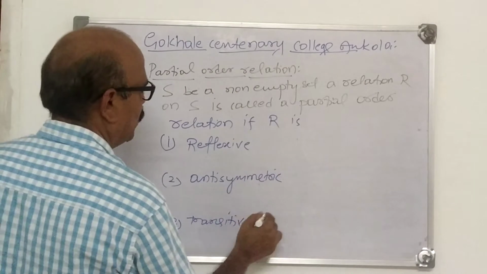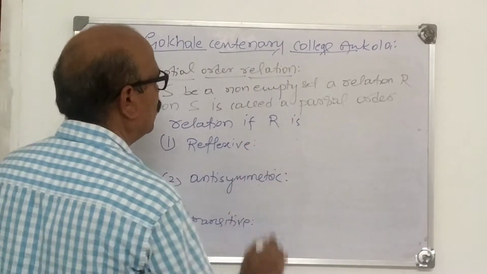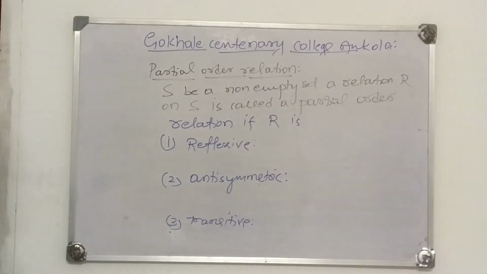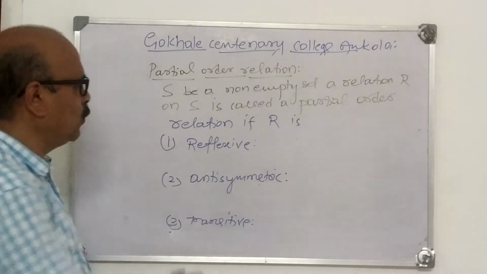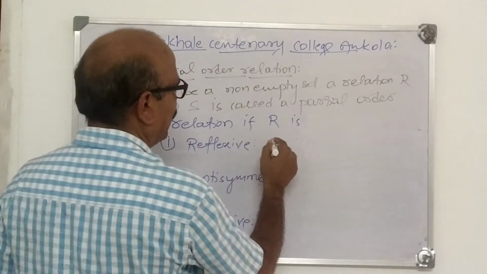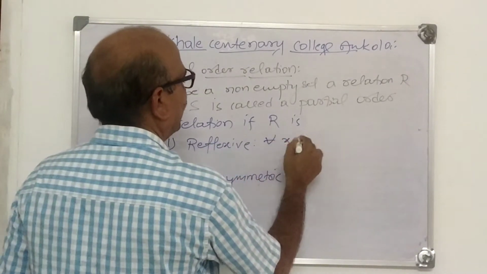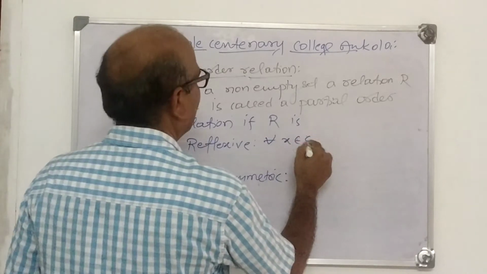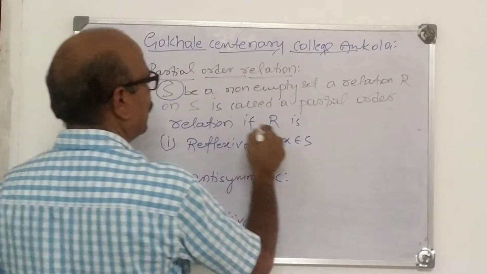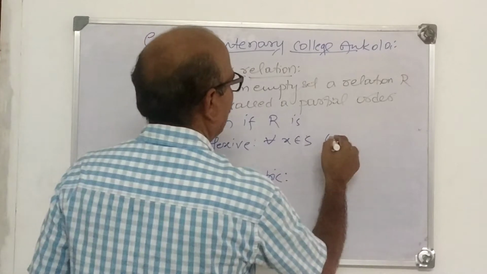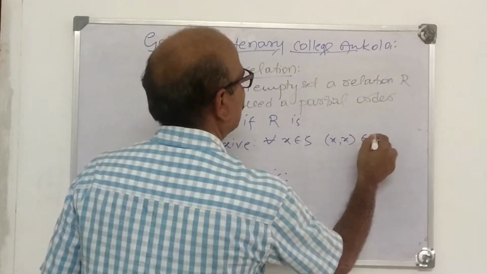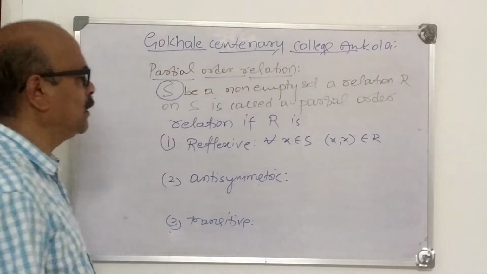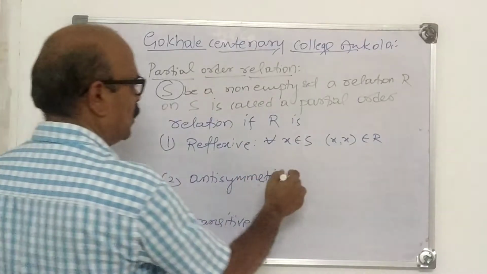Then this R is called a partial order relation. Here you know what is a reflexive relation. What do you mean by reflexive relation? For all x belongs to S, I have taken S as the non-empty set, the ordered pair (x, x) belongs to R. Then we say that it is reflexive.